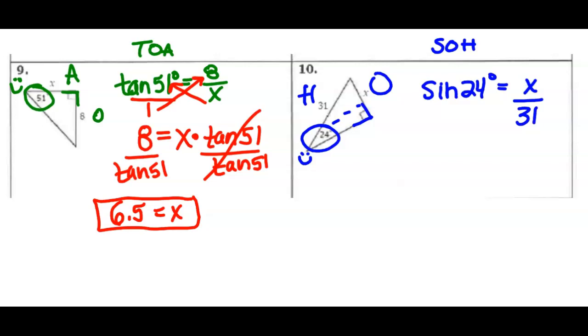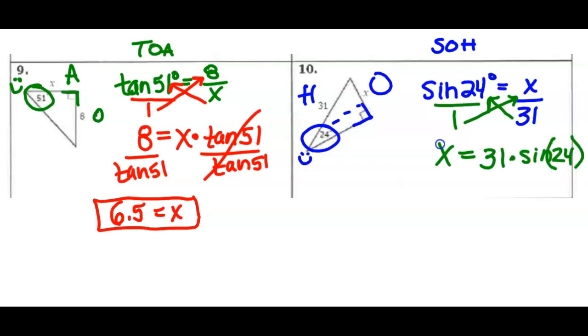Okay, guys, multiplying or dividing this time? Well, this time the 31 is across from the sine of 24 here, like they're multiplied because when we cross multiply, so going this way, we get 1x equals, and then 31 times the sine of 24. You can do the sine of 24 first.